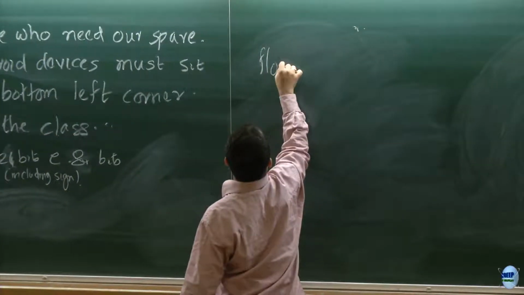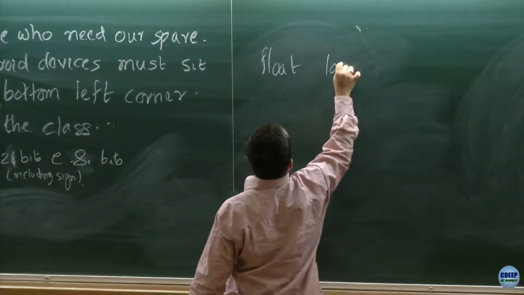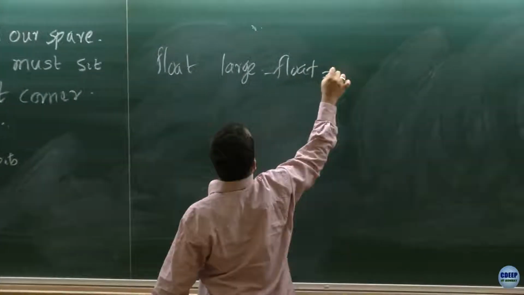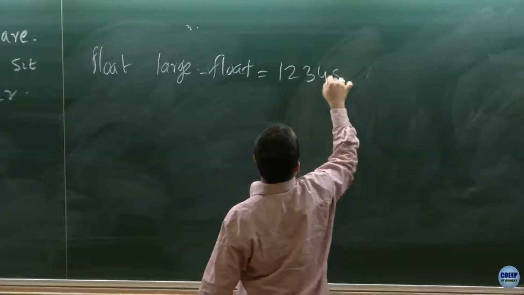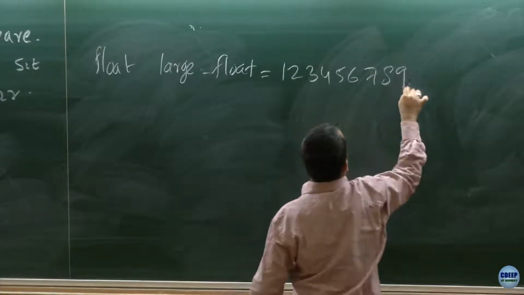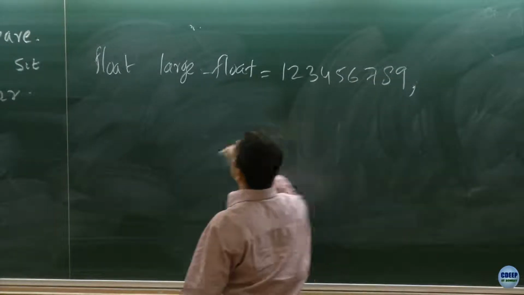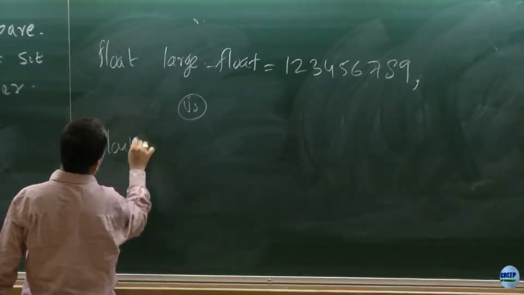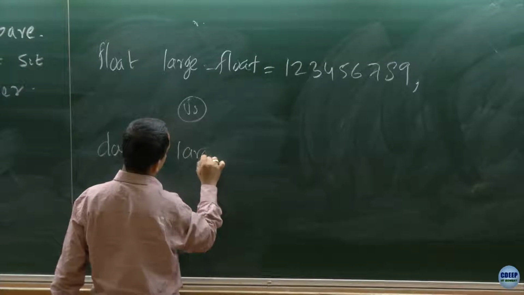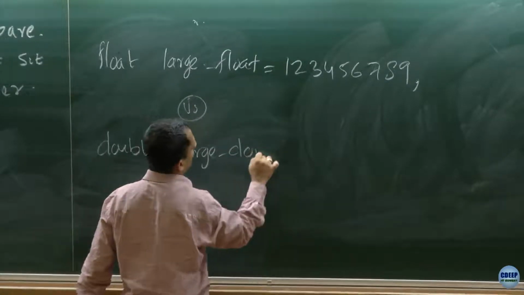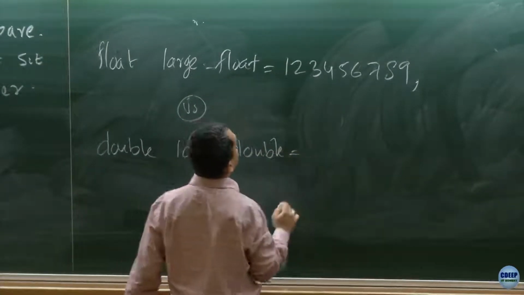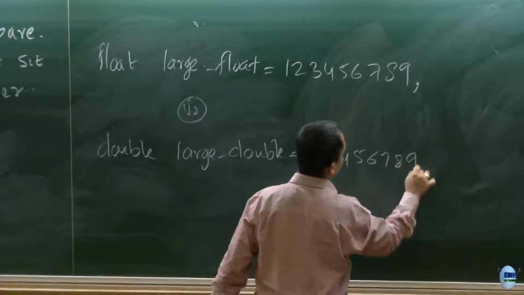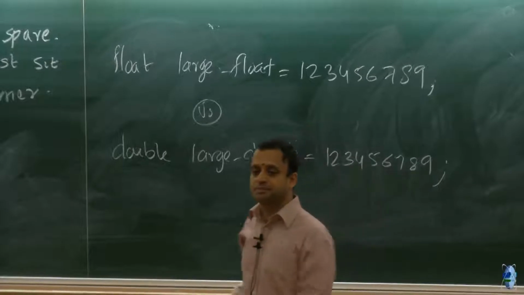So float large, this is the name of variable, 1, 2, 3, 4, 5, 6, 7, 8, 9 versus double large double equals 1, 2, 3, 4, 5, 6, 7, 8, 9. What would be the difference?